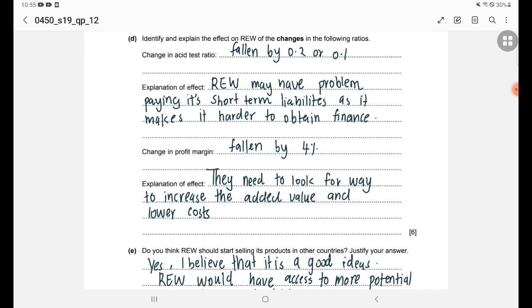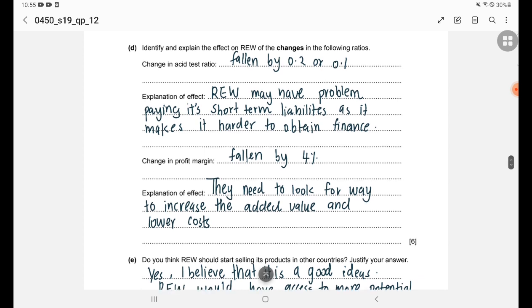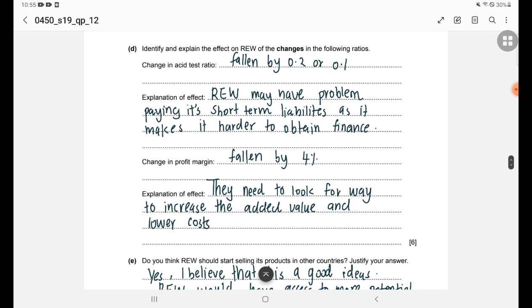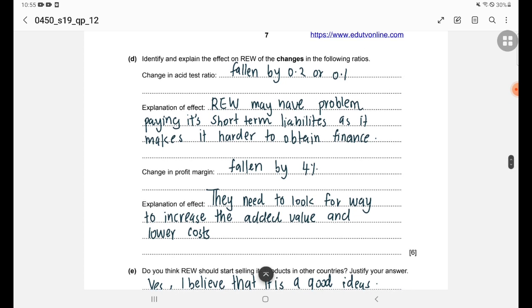What else? The one I stated is pretty much similar to what I've written here, but in other words. And then again, there's also the one where it states makes it harder to obtain finance. And I guess that's it.